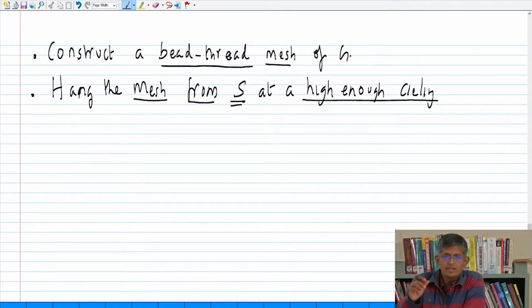You take this mesh and hang it in a high enough ceiling, right? Maybe from some sufficiently high place. Now I want you to tell me, which edges do you think are on shortest paths? So let us say that one of you does this experiment and your neighboring friend takes the graph and runs Dijkstra's algorithm on it, right?